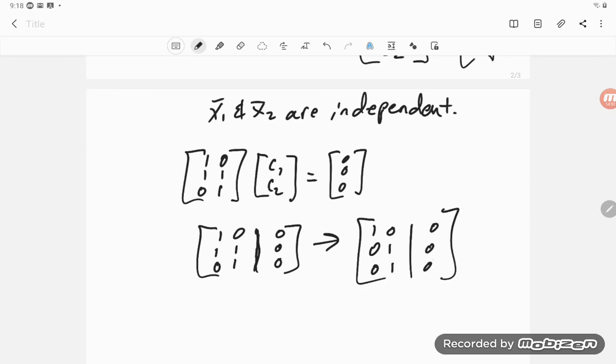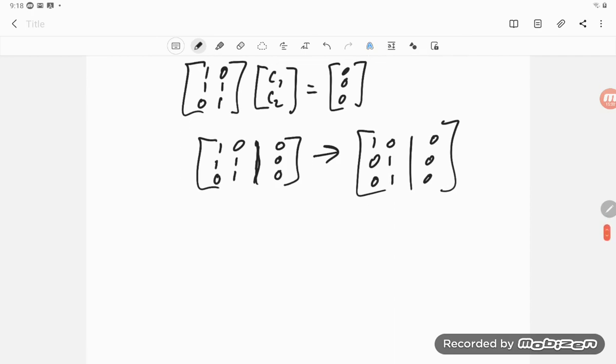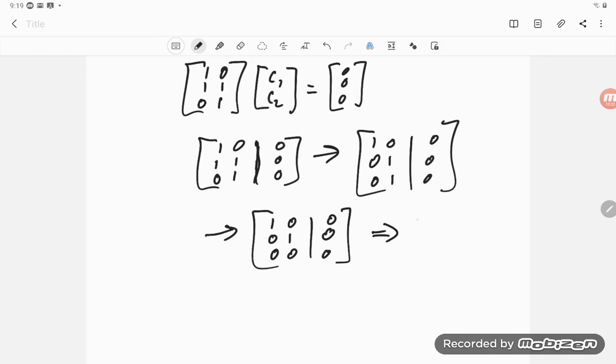Now subtract the middle row from the bottom row and replace the bottom row, and my new one is 1, 0, 0; 0, 1, 0; and 0, 0, 0. Right there that says C1 equals 0, C2 equals 0. Those are my only answers. So again, I see independence that way.